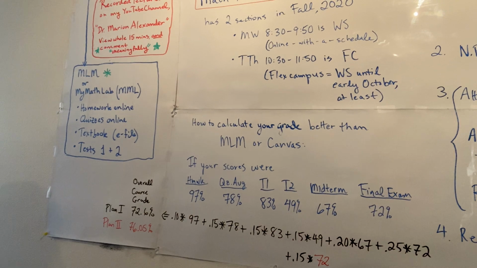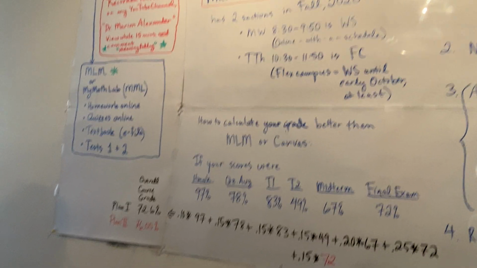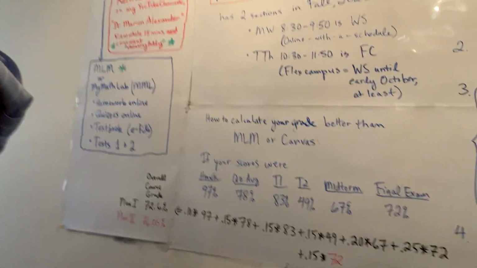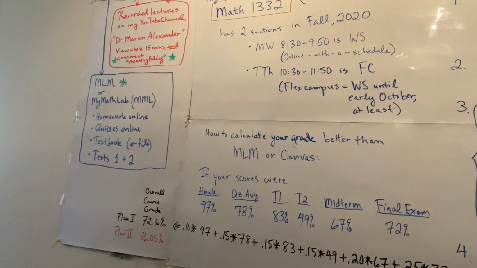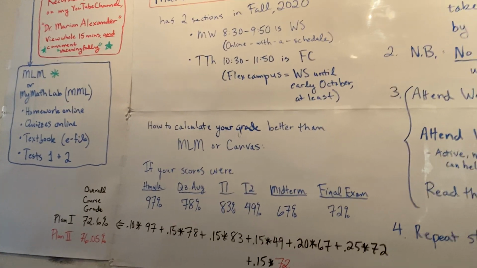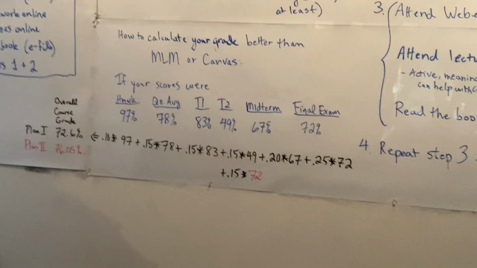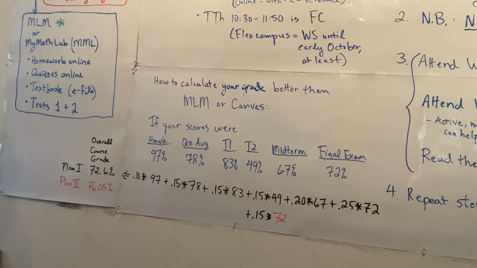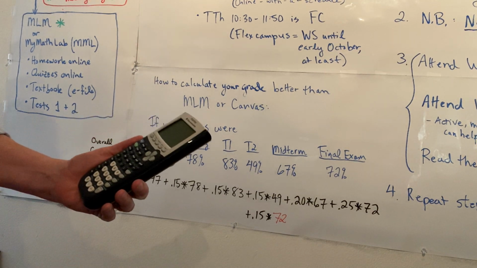by the way, using your graphing calculator, it's really easy to calculate this. Yes, the graphing calculator. I'm glad I said that. Let me just show you a little bit about what this looks like on the graphing calculator.